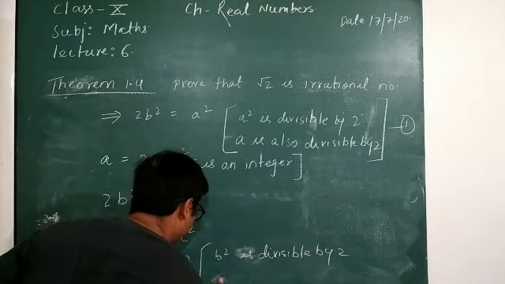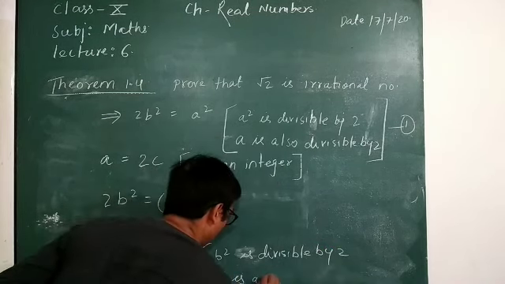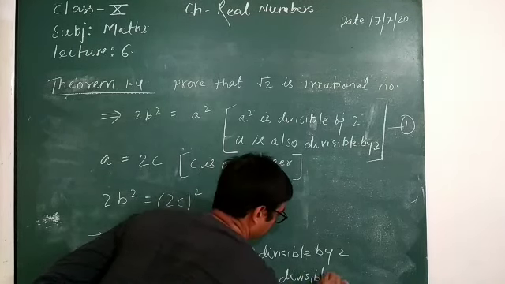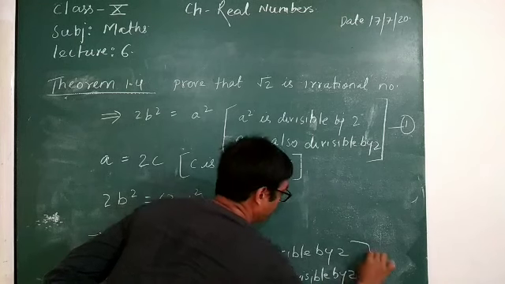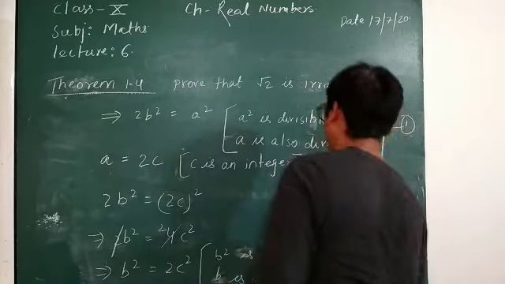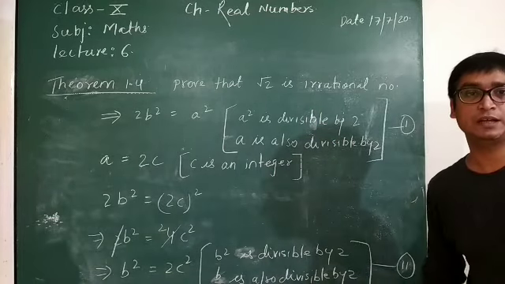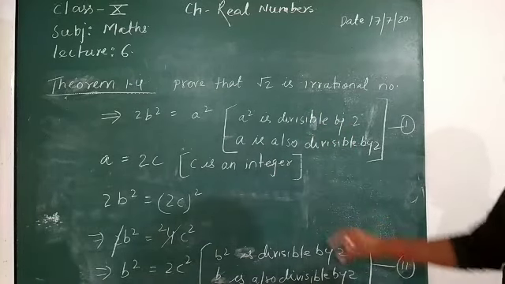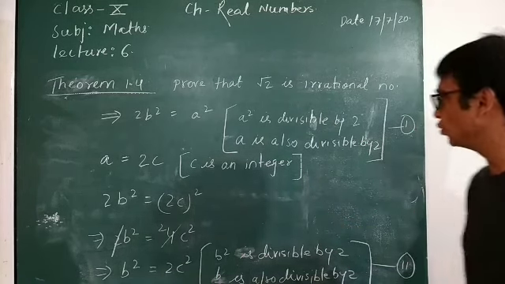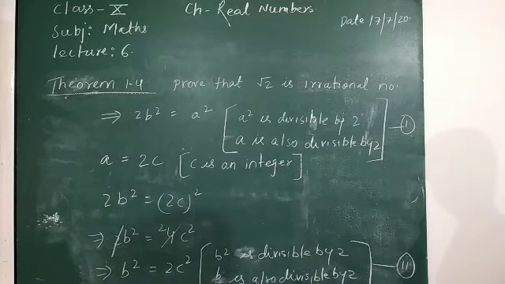Hence b is also divisible by 2. We can take it as equation number 2. Is it clear?